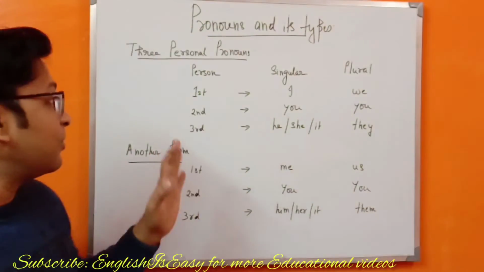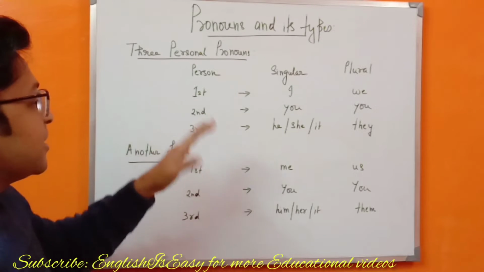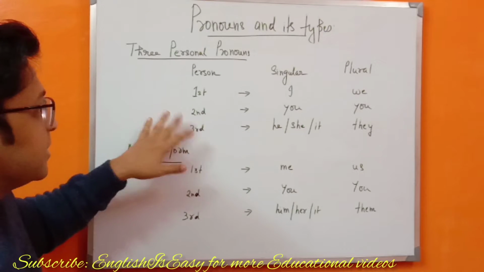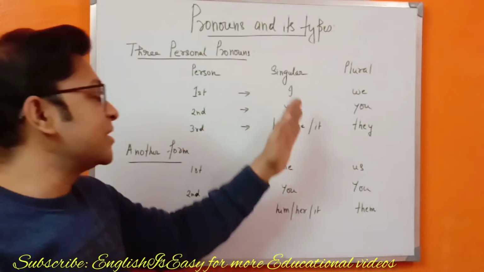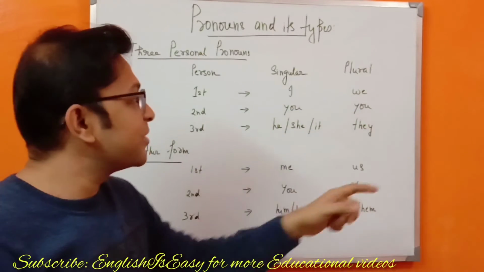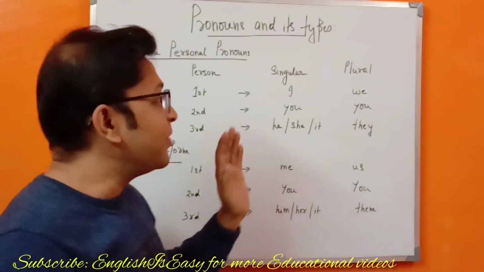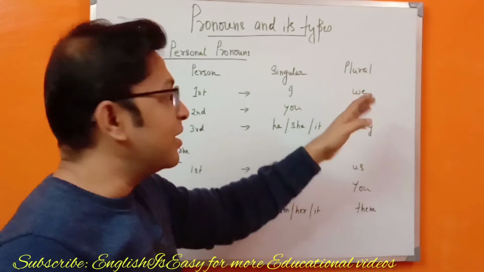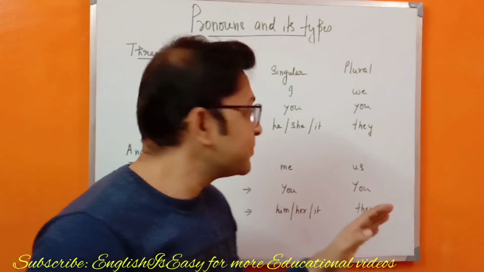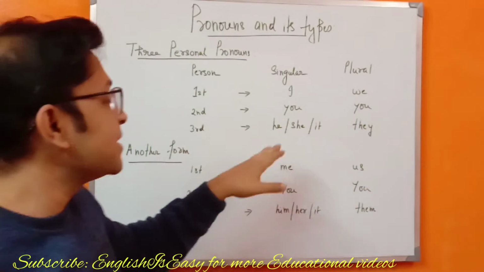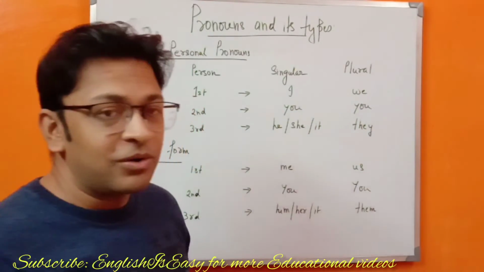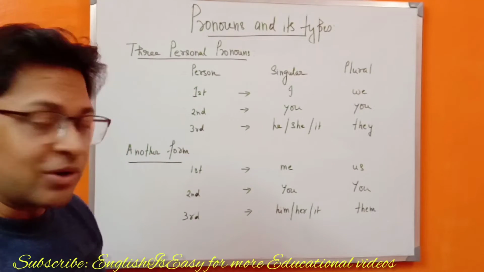You can get to know that there are three personal pronouns: first person, second person, third person, and they have a singular form and a plural form. In first person, I is the singular form. When it goes to plural, we will use we. Second person, in singular, you, and in plural also we are going to use you only.